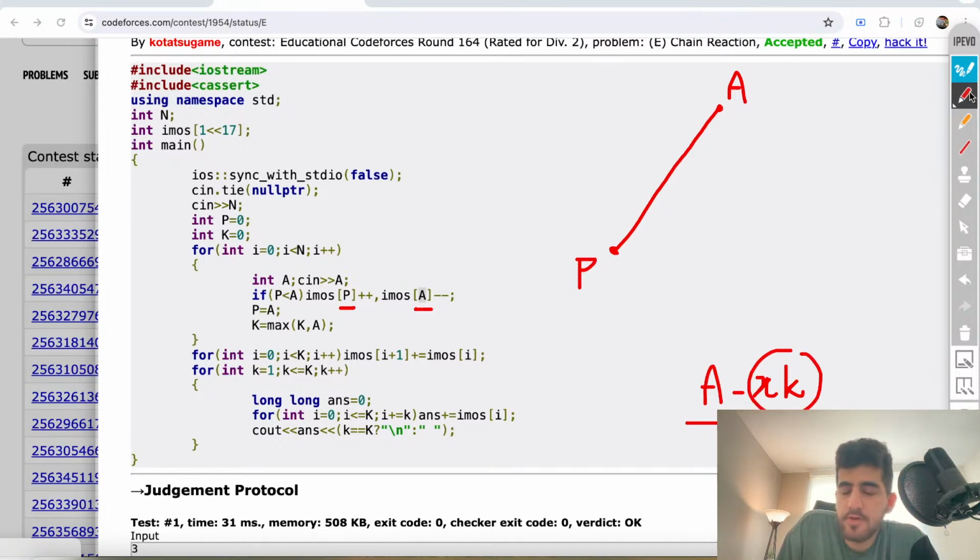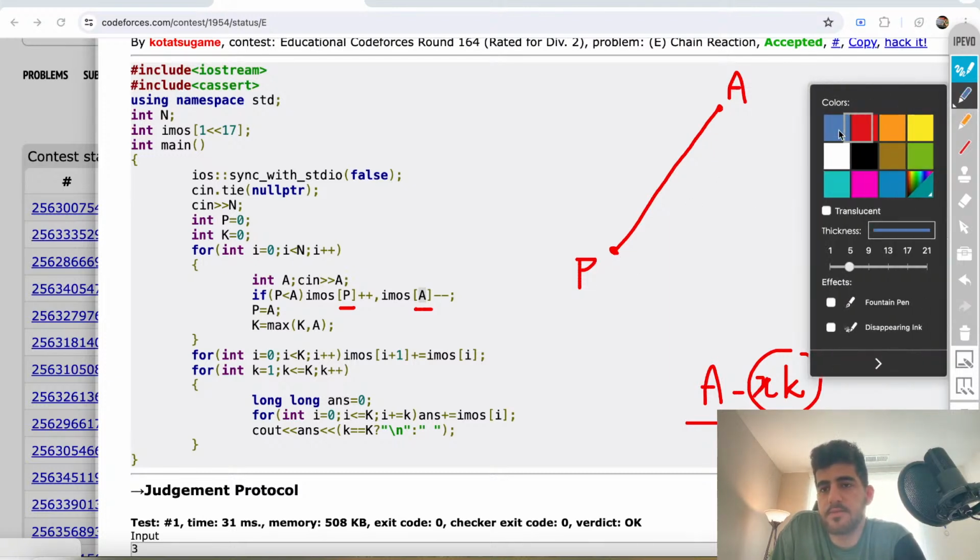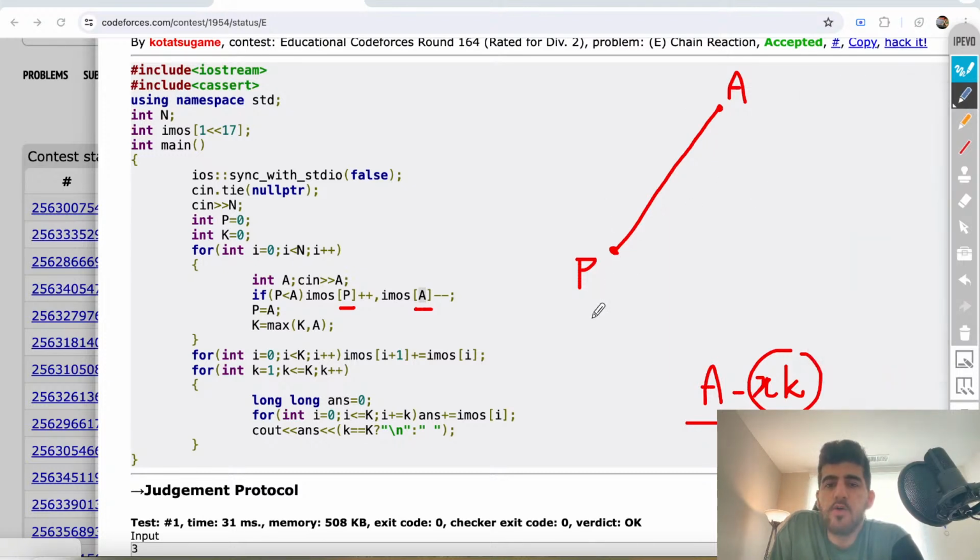The point is, if there is no multiple of k between these two numbers, then that means these two monsters will die at the same time.